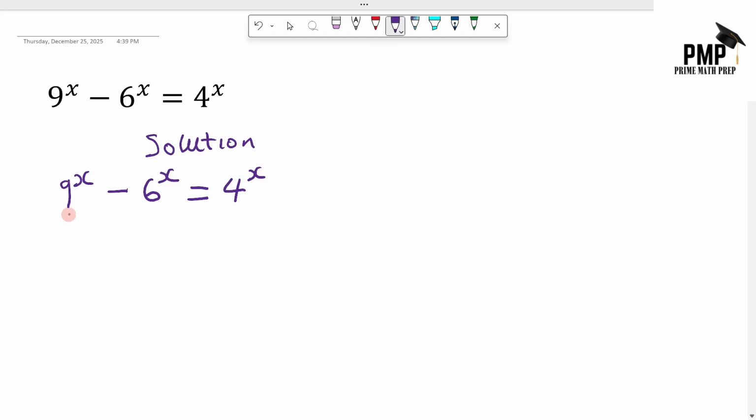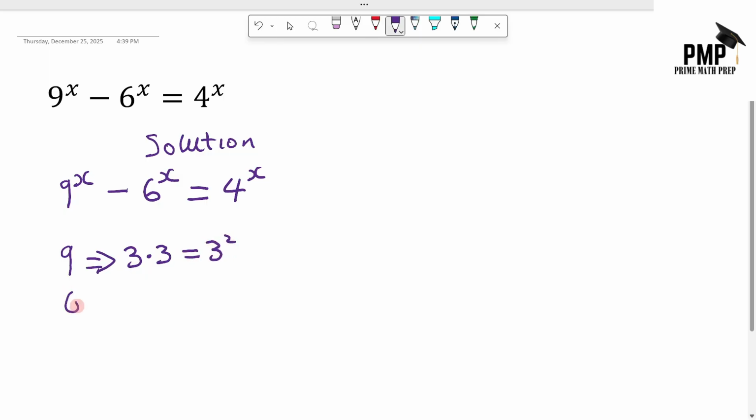If we break down these numbers individually, we can see that the number 9, which is the first number, is a combination of 3 multiplied by itself, which can be written as 3 squared.